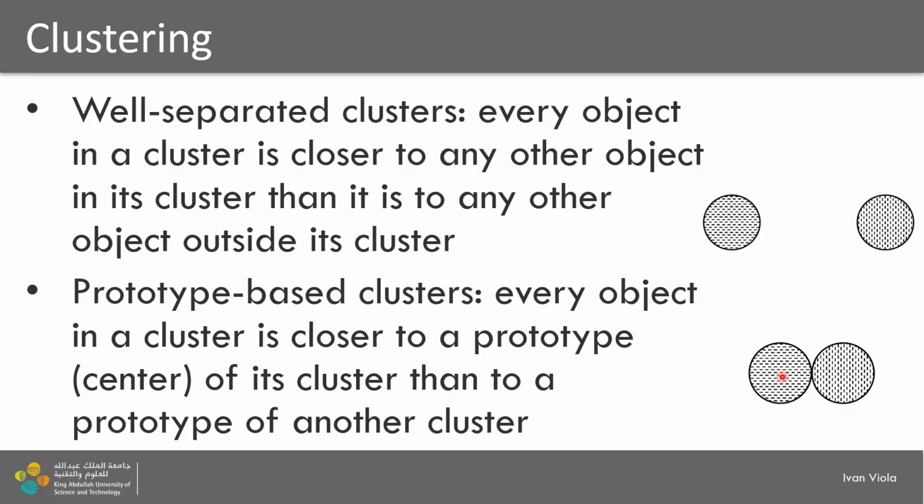So that we can see here, like imagine that the prototype point will be here right in the middle for this cluster, and then another prototype point will be here right in the middle of its cluster. And then every point within its cluster is closer to this prototype point than it is to the prototype point of this cluster.